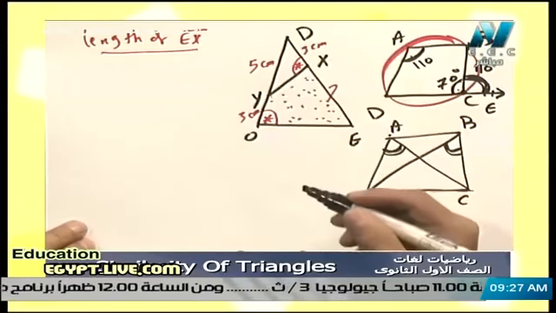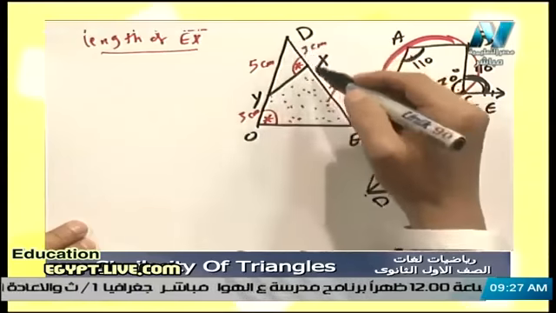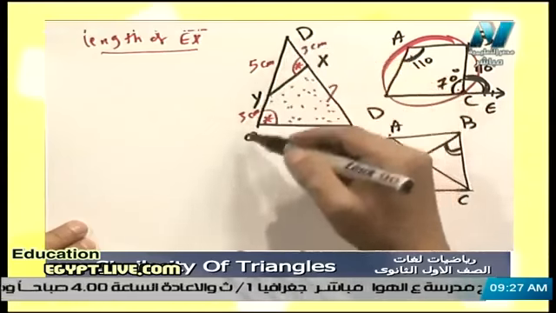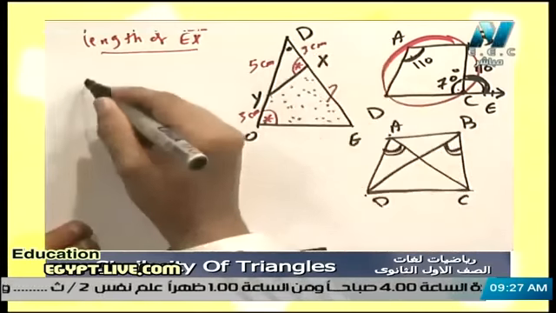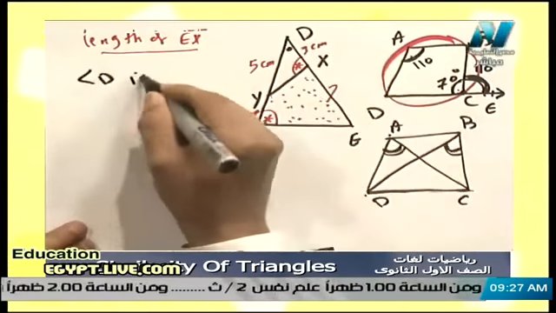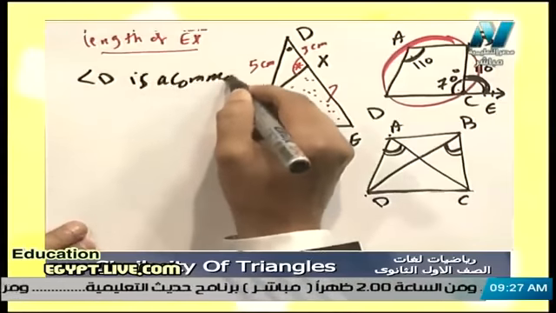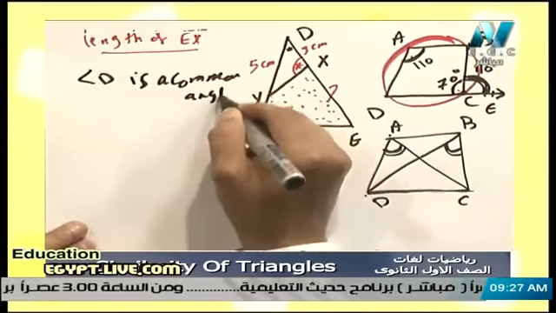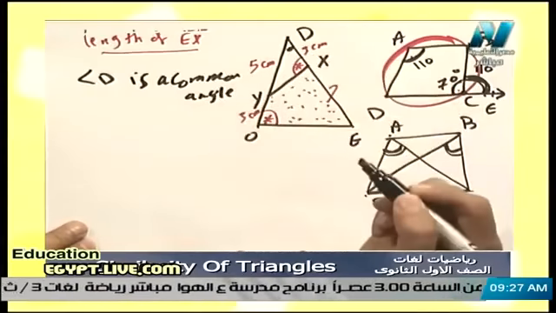How can we prove that? Triangle DXY and triangle DOE have the same angle here, so angle D is a common angle. That's the first condition.